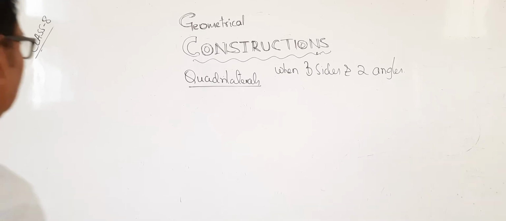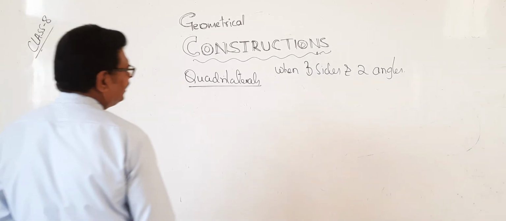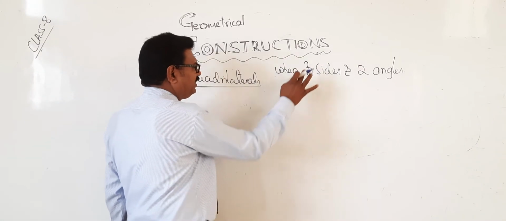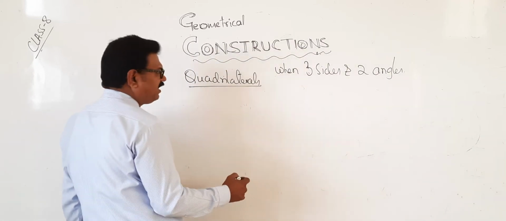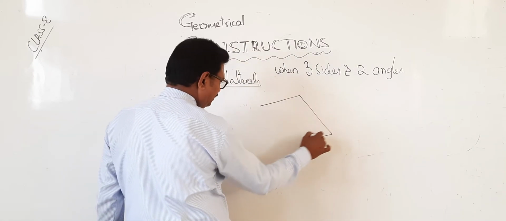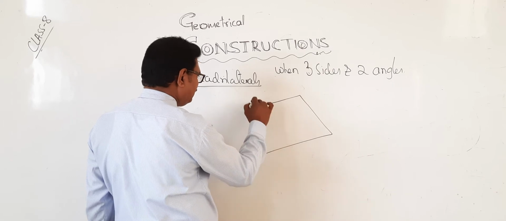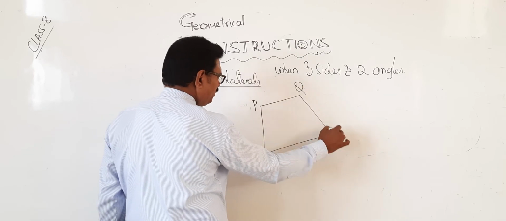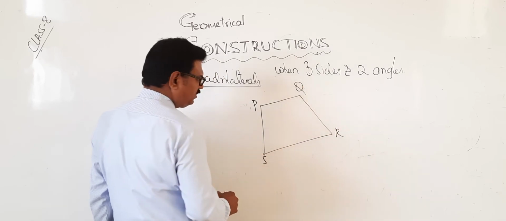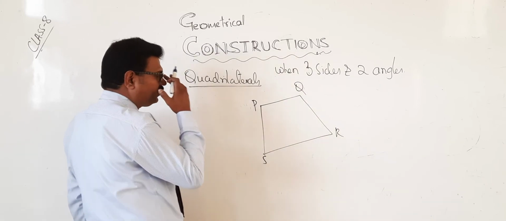One more: when three sides and two angles are given, very, very simple. For example, if your rough diagram is like this, P, Q, R, S. Very simple.